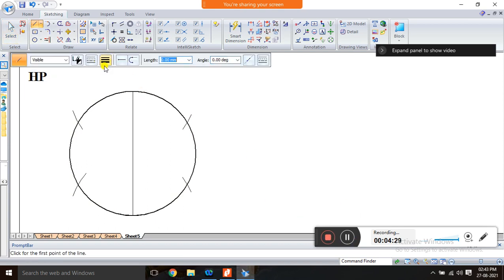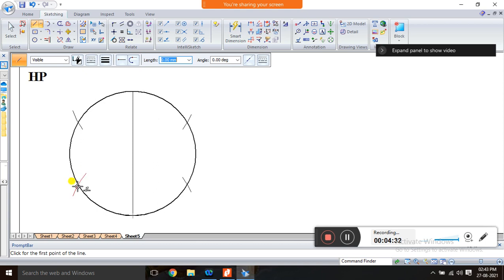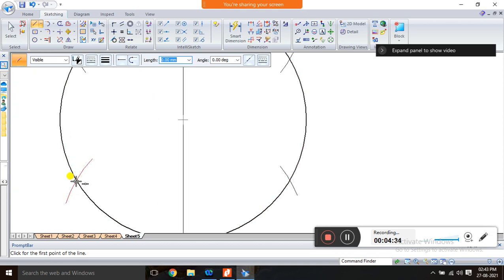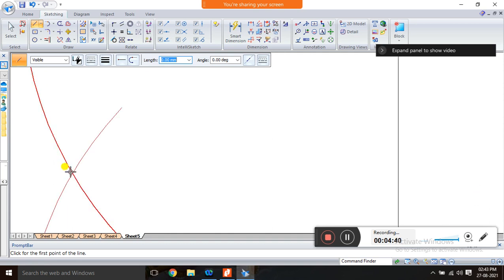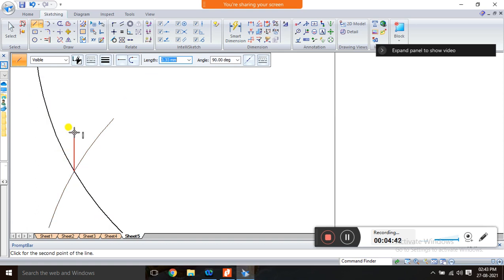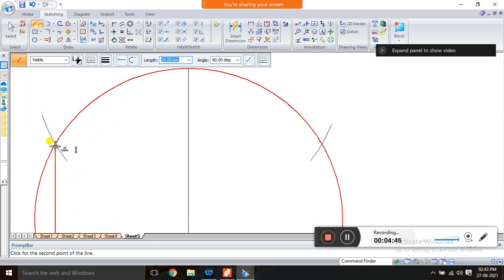Then use the line, with the help of your scale, exactly coinciding. So exactly from here, the intersection of this arc and the circle gives one edge. It gives the first edge like this.